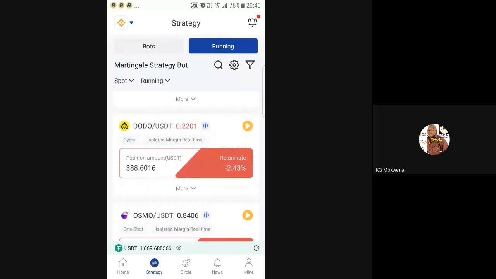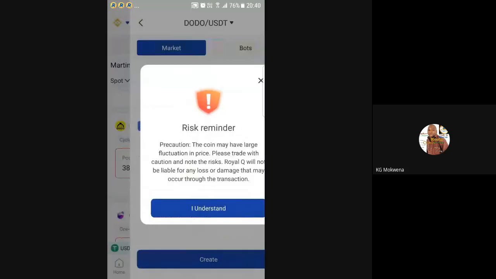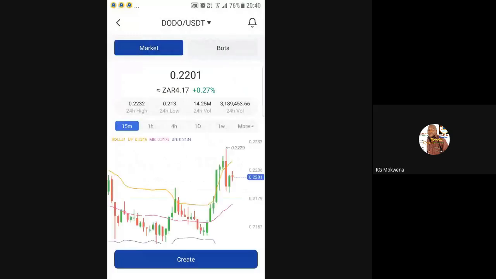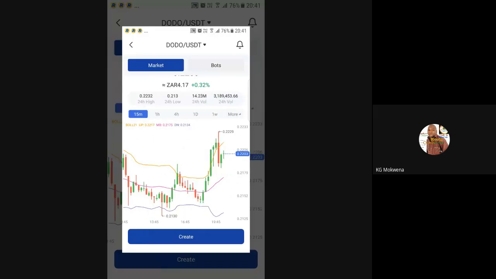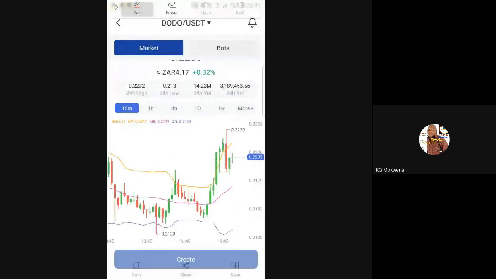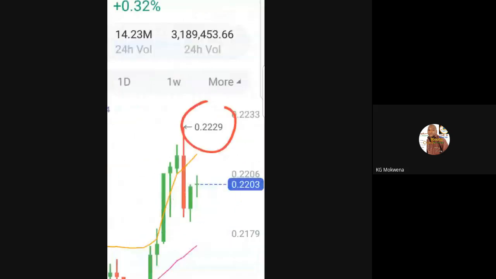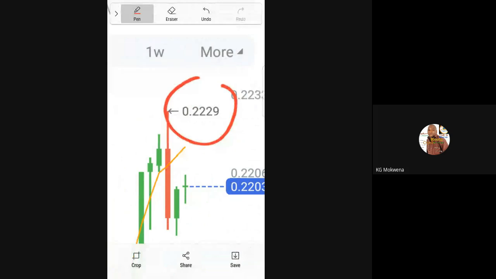Here's another coin. Let's check this Dodo, how it's been. It shows that it might have been in profit. 0.222, I'm looking at the price here. The highest it went was 0.229.